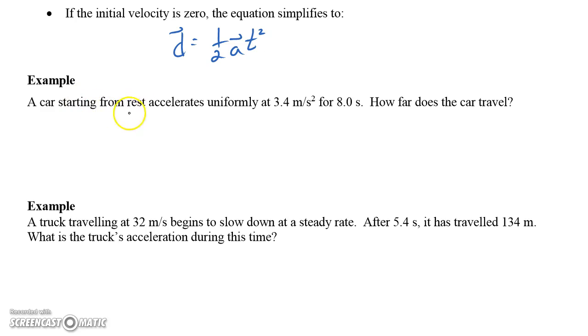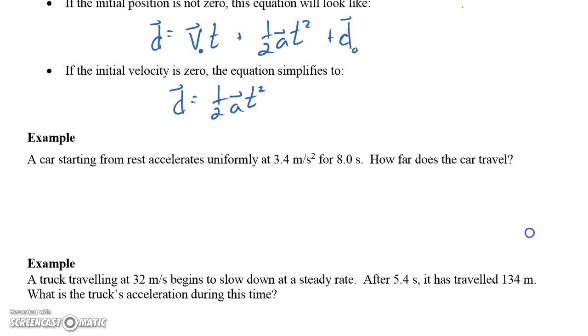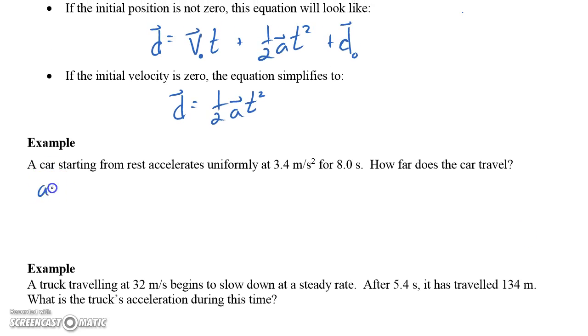So a car starting from rest accelerates uniformly at 3.4 meters per second squared. So that's my acceleration. And it goes for 8 seconds. And we're looking for displacement. How far does it go? Well, it starts from rest.